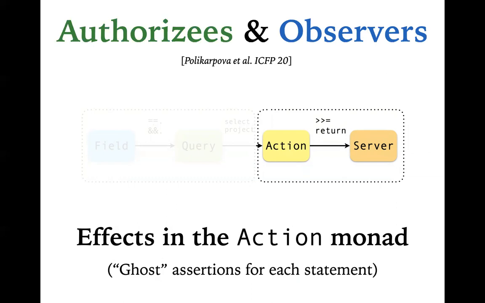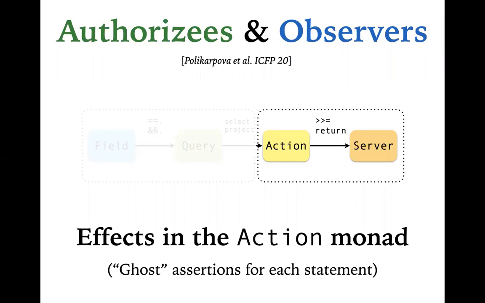The moment you glue the actions together, we conjoin the observers and authorizees, as we'll see in a second. And at the point where you do the sending out, when you compose that with the rest of the data access, is when the check happens. Okay, so this was what I had a doubt about earlier, when I thought it was not compositional, because you had to put all the queries at the point where you do the project, but you don't need to. Right, they can be scattered all over.